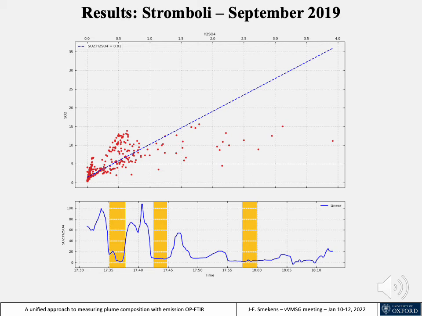So in the bottom panel, there's a time series of how this ratio evolves with time. As you can see, there's a general trend towards decreasing ratio, which could be explained by the fact that we're entering into the night with colder temperatures. And this perhaps favors the formation and nucleation of aerosols during gas release.